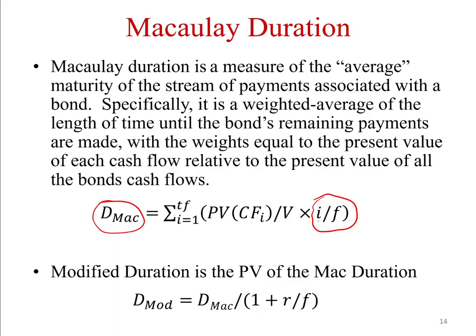Well, I get my money at each period. So if this were a one payment per year bond and it's a 5-year bond, you get your payments in, say, 1, 2, 3, 4, and 5. So this Macaulay duration is a weighted average of 1, 2, 3, 4, 5, and it's weighted by the present value of each payment divided by the total value of payments.